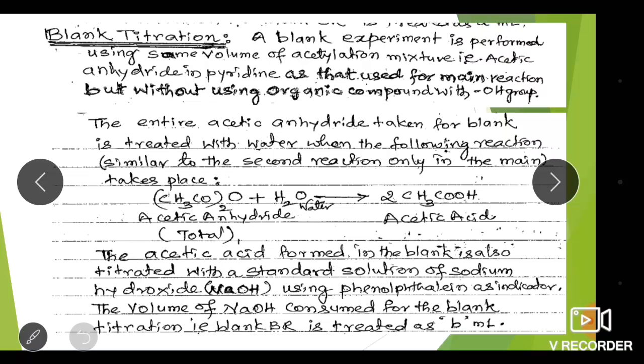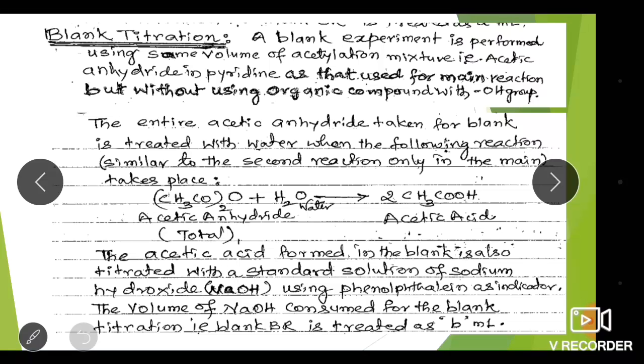Next is the blank titration. The first one is the sample titration. Then a blank experiment is performed using the same volume of acylation mixture, acetic anhydride in pyridine, as that used for the main reaction, but without the organic compound with the OH group. That means, except for the sample, we carry out the titration using the same volume of acetic anhydride in pyridine.